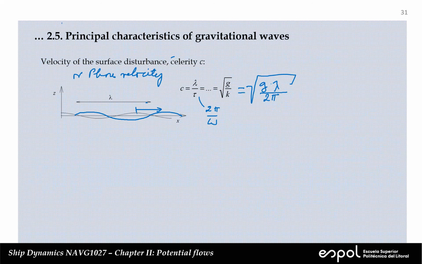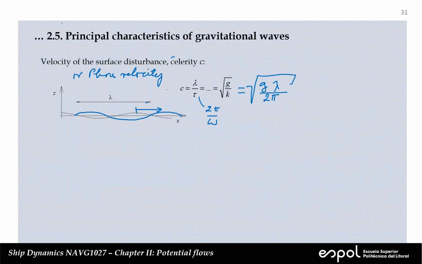So, as the wavelength increases, the celerity of the wave also increases. Not linearly related, you see that this is a square root, but it increases. But as the wavelength increases, the frequency decreases.